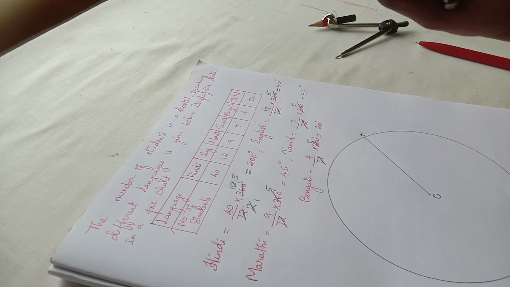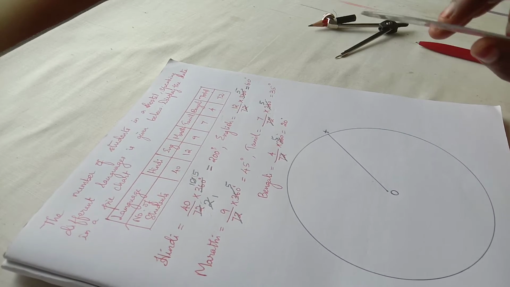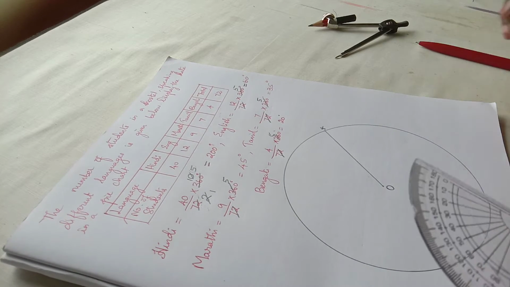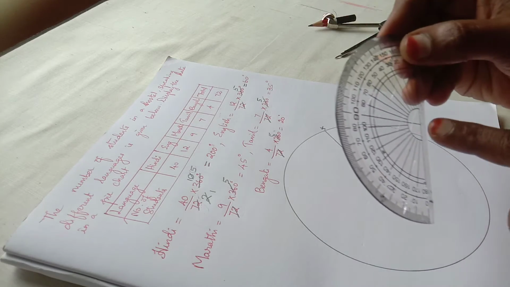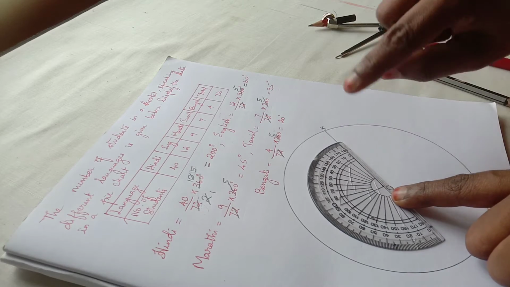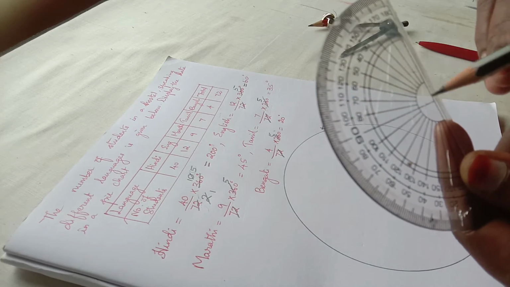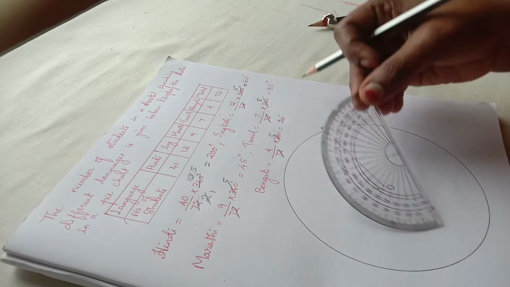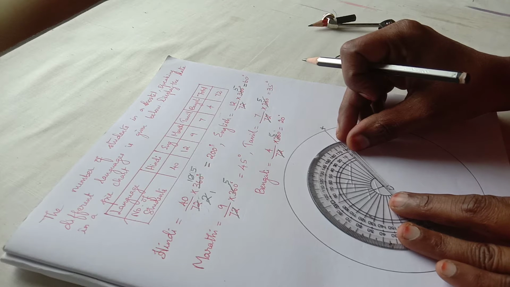Anyhow, now let's start how to construct 200 degree using the protractor. OX is the radius, that is the baseline. Now the center of the protractor is to be kept on O, and the zero line of the protractor should be adjusted along that OX radius.